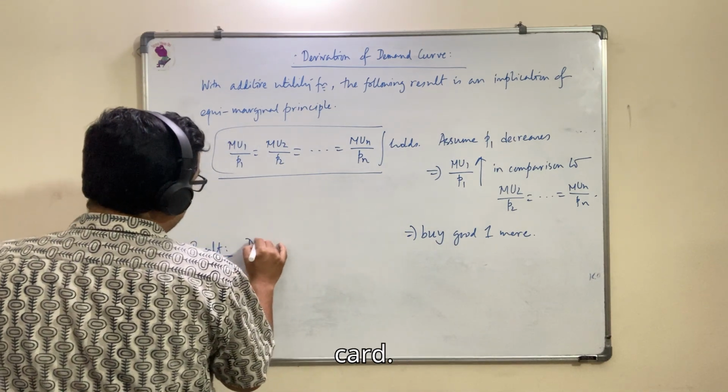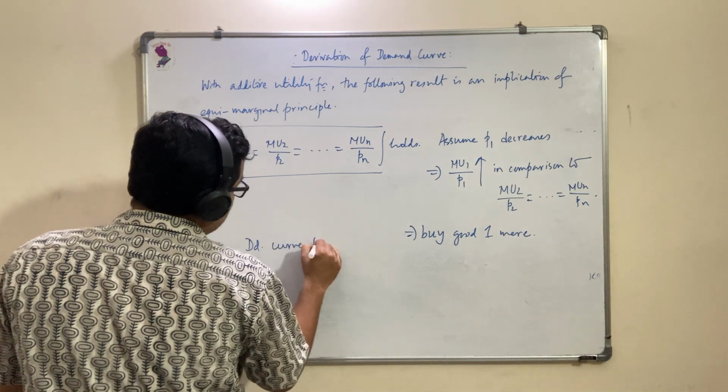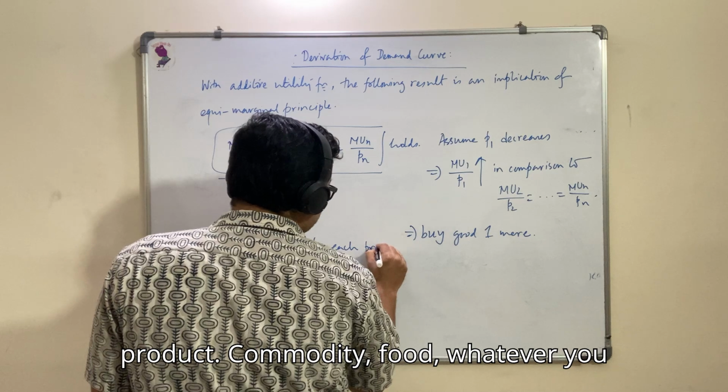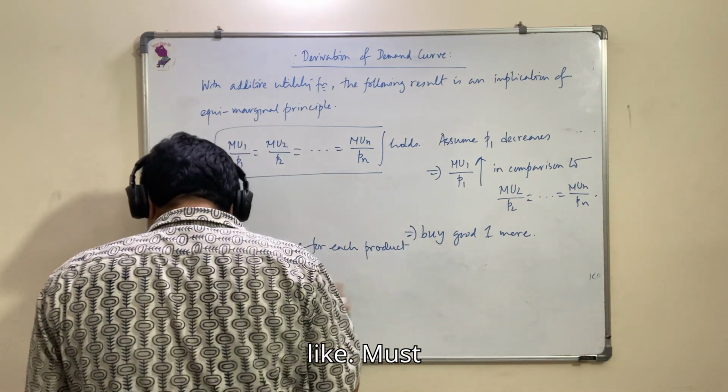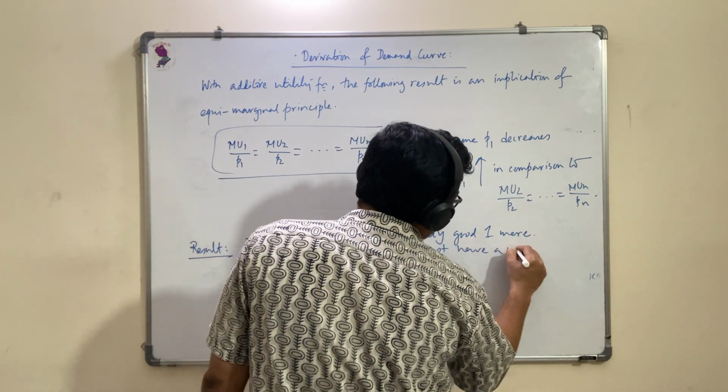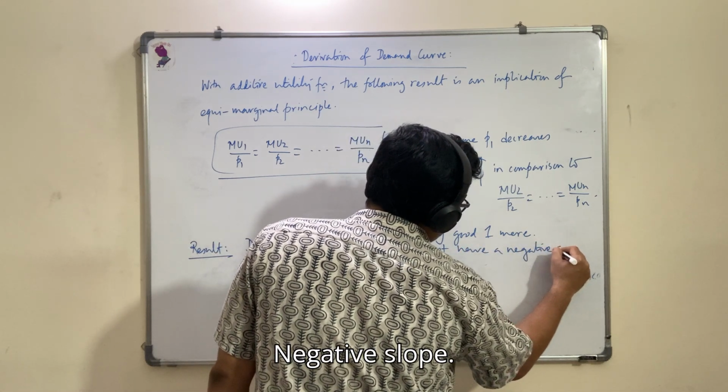So, demand curve for each product, commodity, good, whatever you like, must have a negative slope.